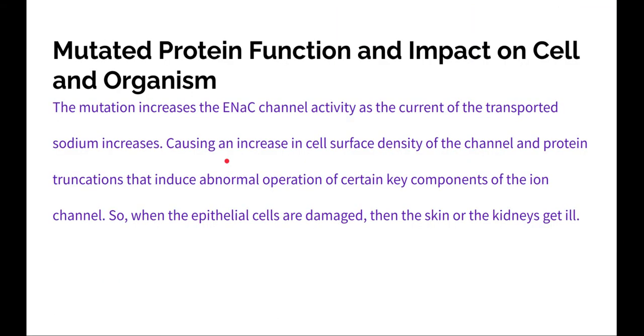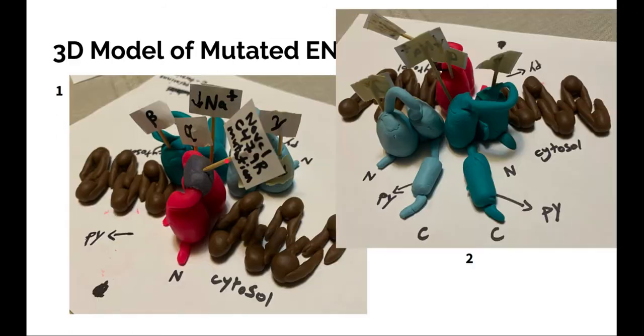So, as mentioned before, the mutation increases the ENaC channel activity as the current of the transported sodium increases, causing an increase in cell surface density of the channel and protein truncations that induce abnormal operation of certain key components of the ion channel.